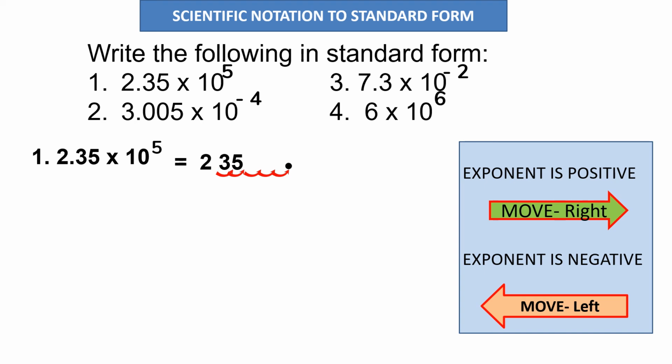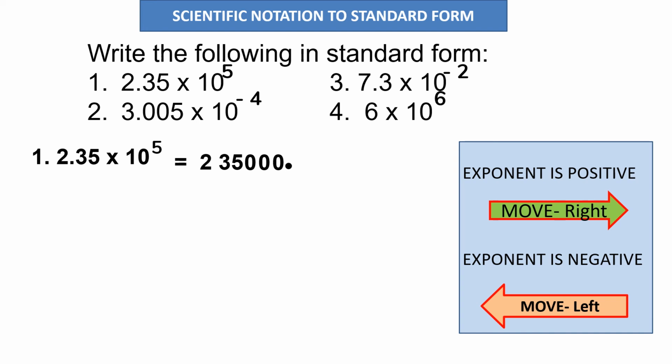This time, we will place 0 for the vacant places. So, three 0s. Therefore, our answer will be 235,000. So 2.35 times 10 to the 5th is 235,000.